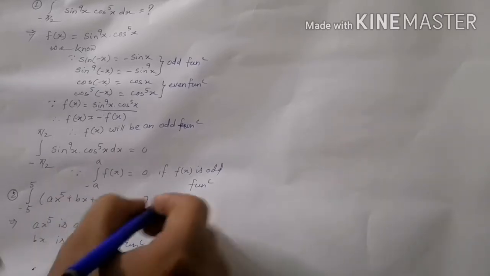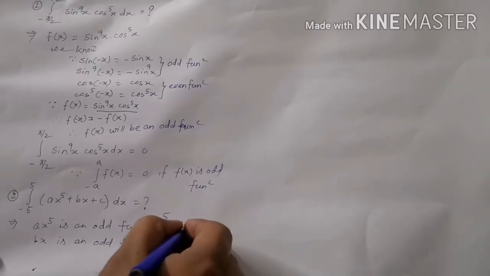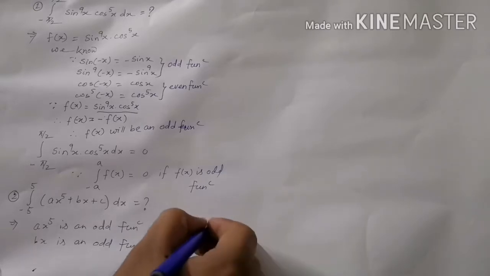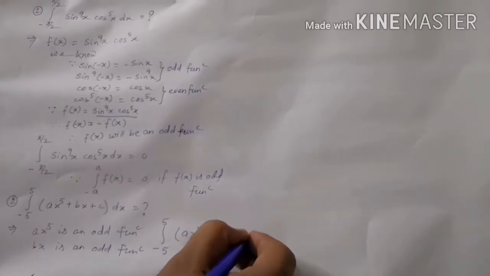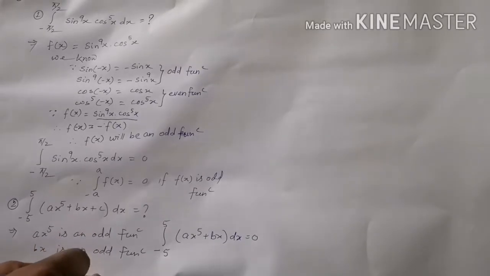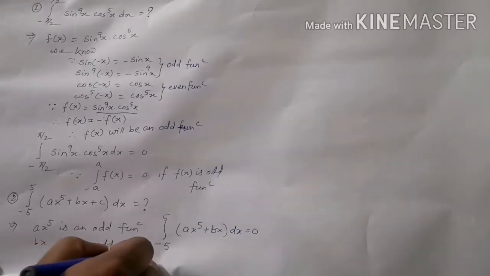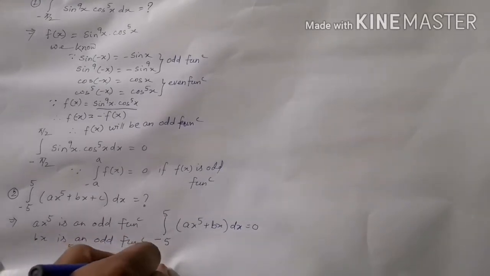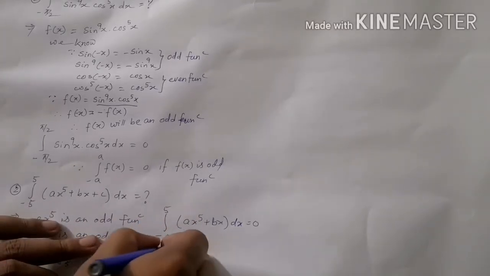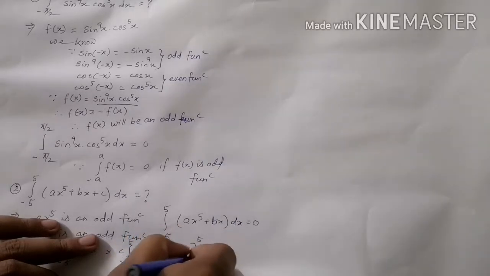So the integration minus 5 to 5 of a x to the power 5 plus bx dx equal to 0, and the remaining part is integration minus 5 to 5 c dx equal to c integration minus 5 to 5 dx equal to c x from minus 5 to 5.